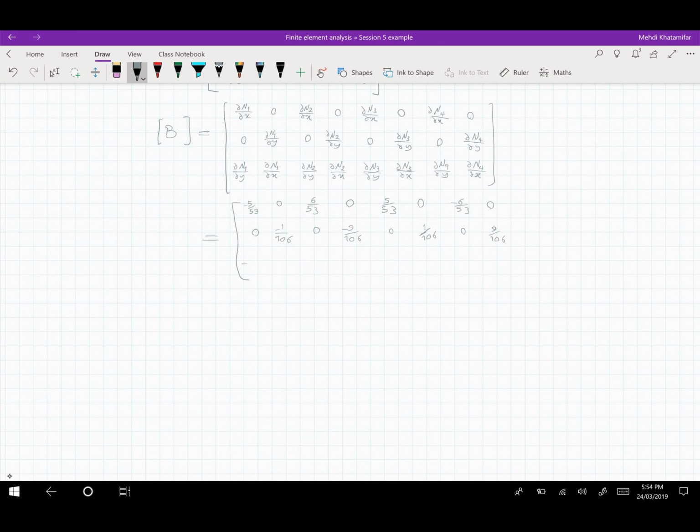Now it is going to be negative 1 over 106, 6 over 53, 106, and the last two is going to be 9 over 106 and minus 6 over 53. This is our strain displacement matrix.